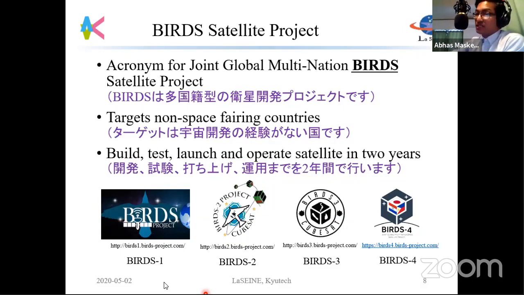We did build our first satellite for Nepal with BIRDS 3. The point is to train engineers and then send them back. I've been requested to go back, which I will do, so I'll come back to Nepal. But because of the coronavirus situation, all the things that we had planned and the timeline we had made right now are uncertain. So I cannot say anything at this moment in time, but what I can say is I'll be back in Nepal.